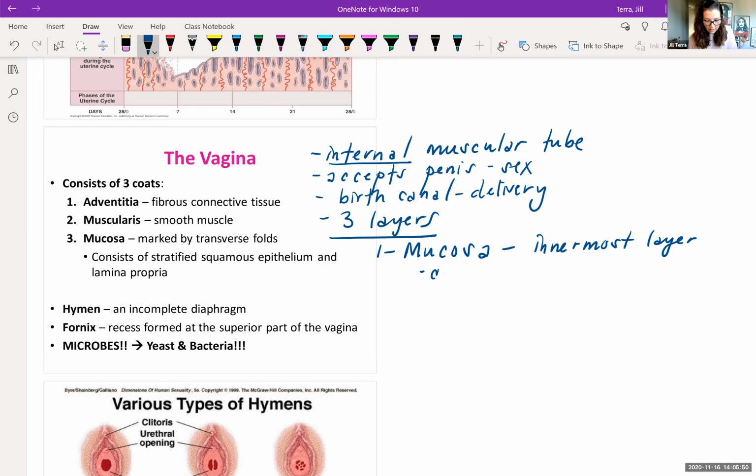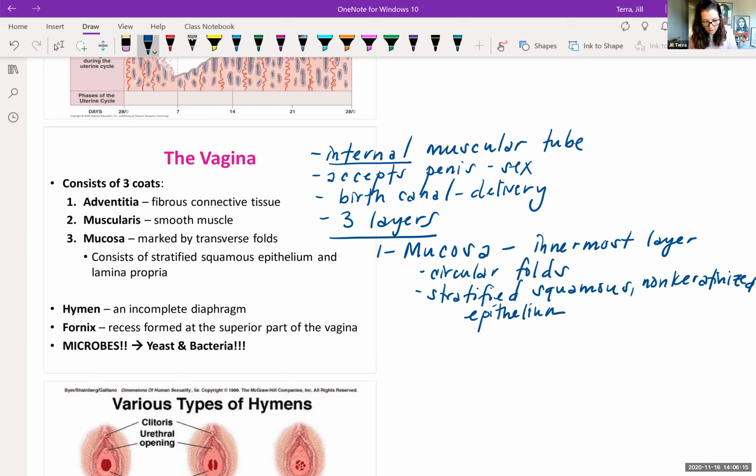And we're going to see that there are circular folds within the mucosal layer. The mucosa is made up of stratified squamous non-keratinized epithelium, just to remind you. So it has to be kept moist to function properly.